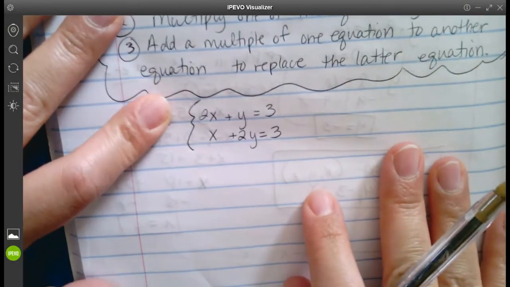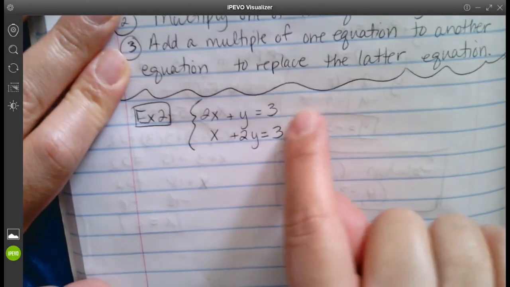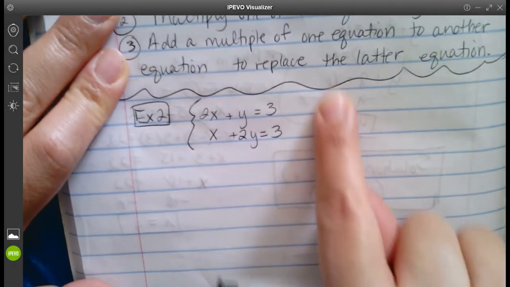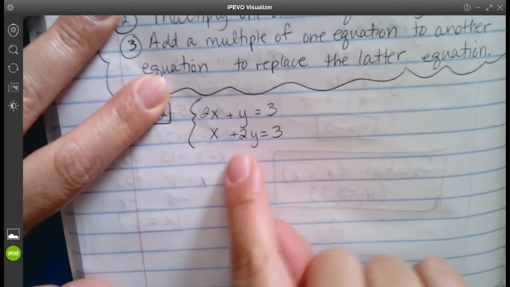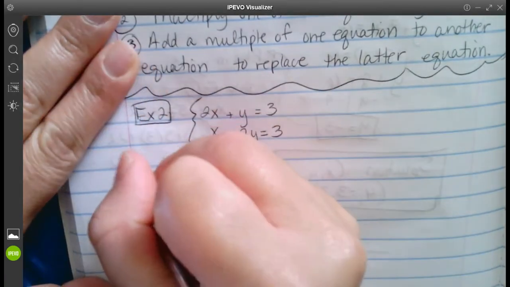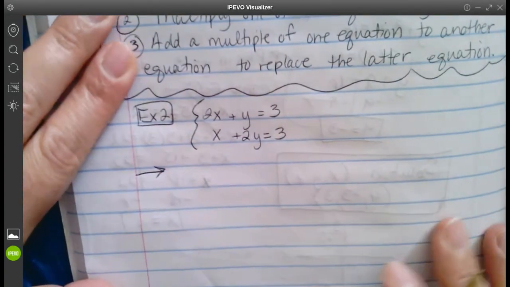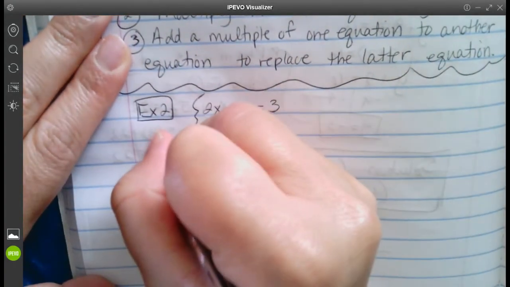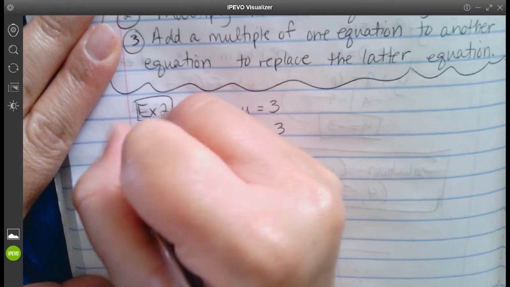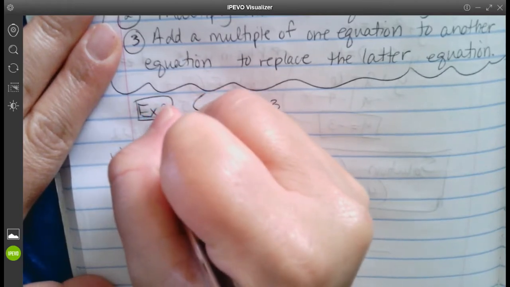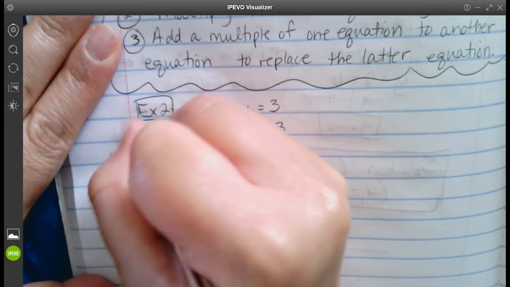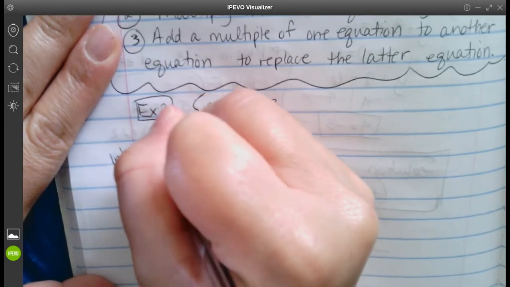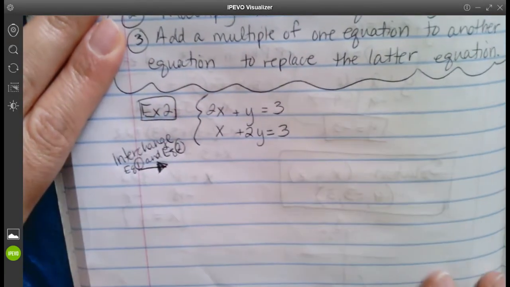Remember that for row echelon form, we want our top equation to start with an x that has a leading coefficient of 1. So the first thing I'm going to do for this first example is interchange equation 1 and equation 2.